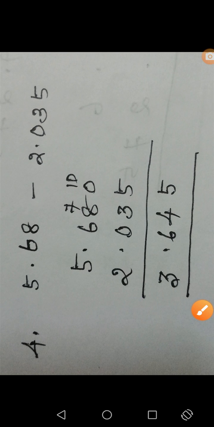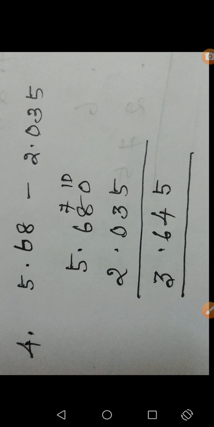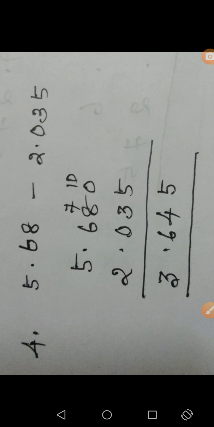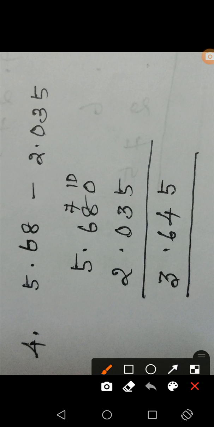Now you see 5.68 minus 2.035. First write the first number, 5.68. Then for the second number, put the point directly below.